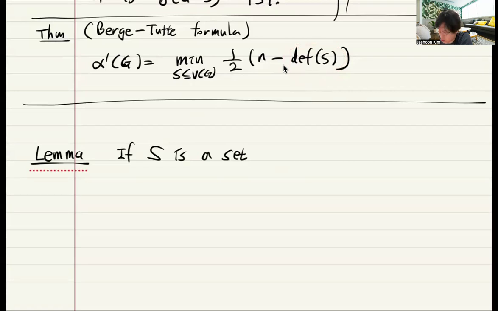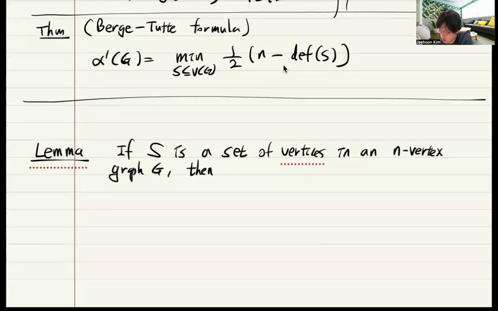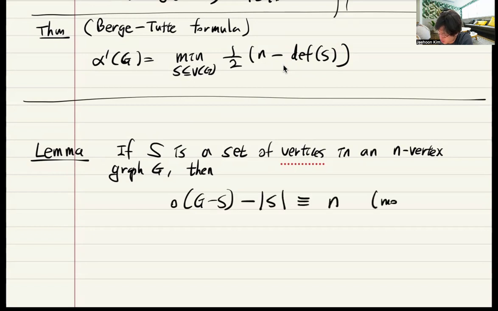If S is a set of vertices in an n-vertex graph G, then this deficiency has the same parity as n.